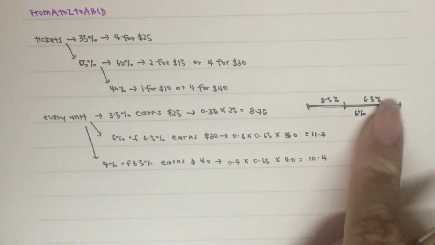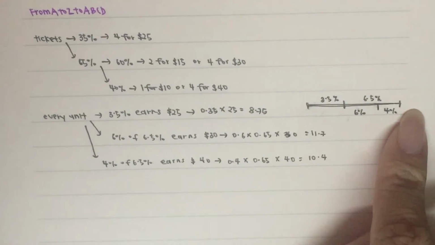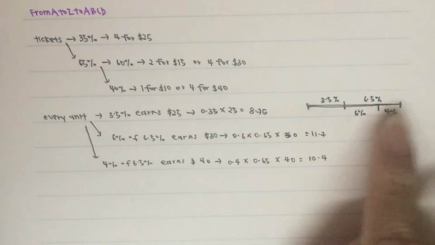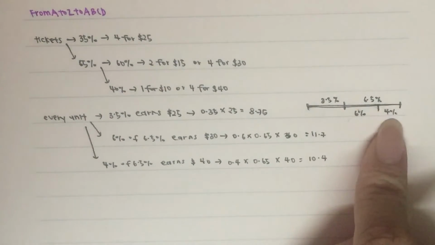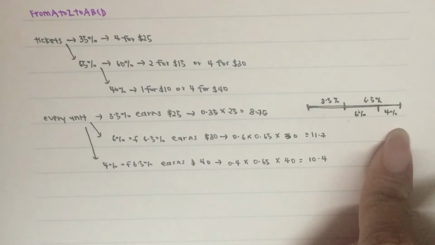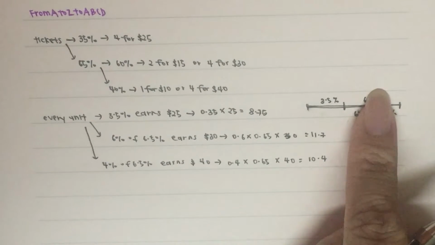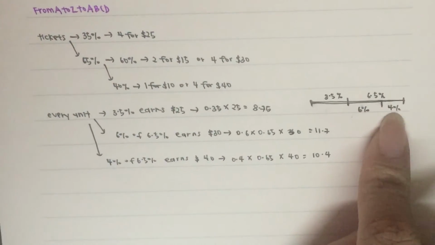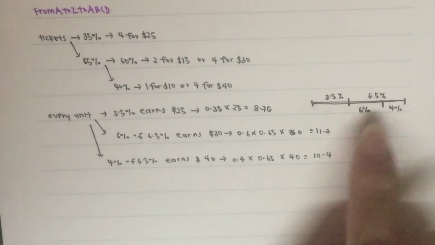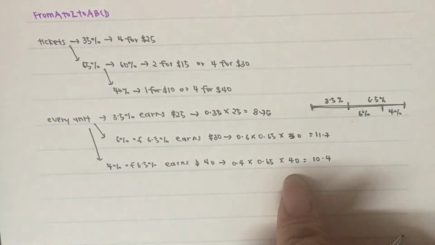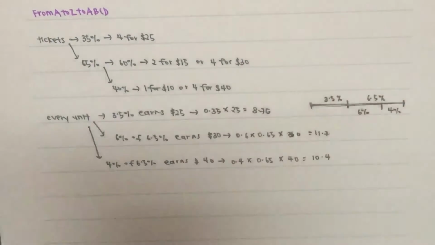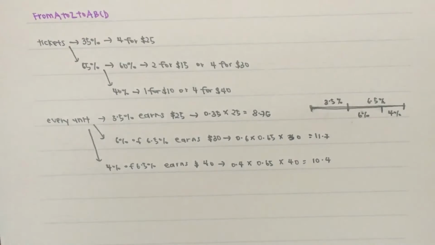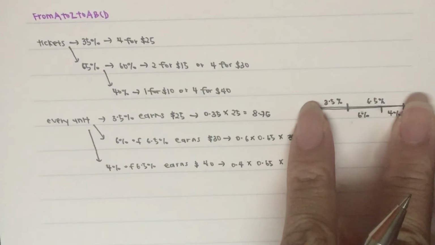Then in this 60% of the remaining 65%, we are earning $30 for 4 tickets. Then in the remaining 40% of the 65%, which means times, it's not plus or anything, we are earning $40 for 4 tickets. Okay, so this will be one unit. We just divide it into different segments to calculate one particular unit over here.